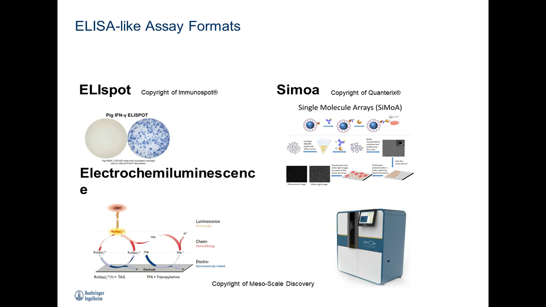The difference with this method is that instead of a fluorescent or chromogenic detection, the secondary antibody used in ECL assays is conjugated to ruthenium, and the plates provided by MSD have electrodes on the bottom.